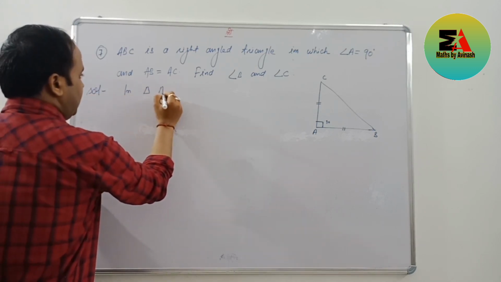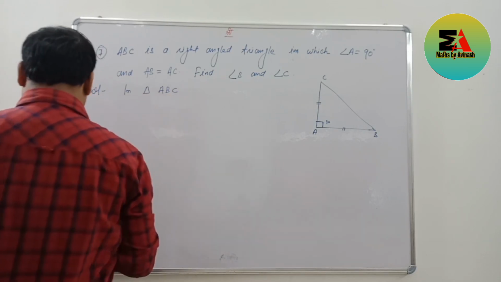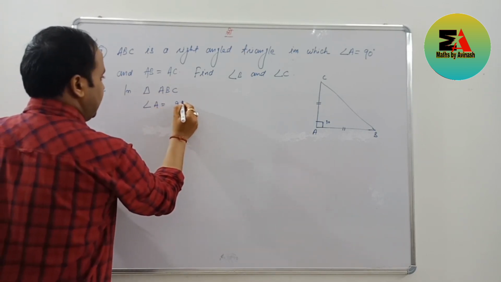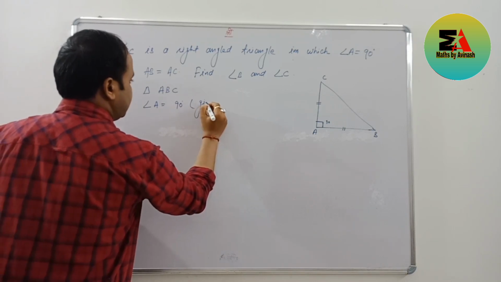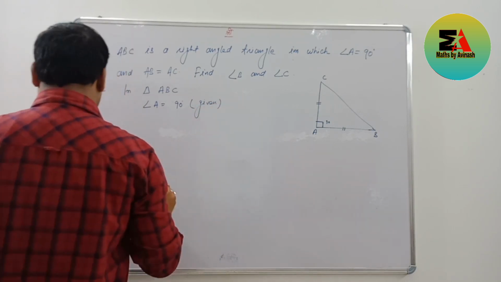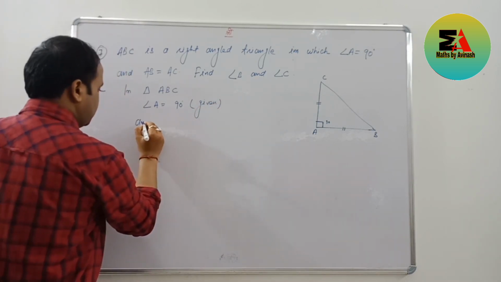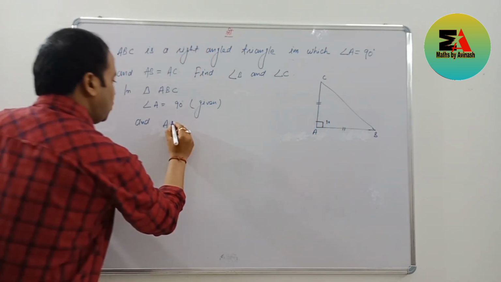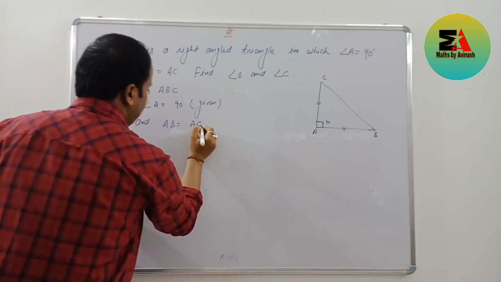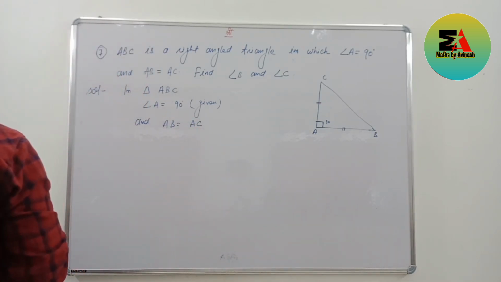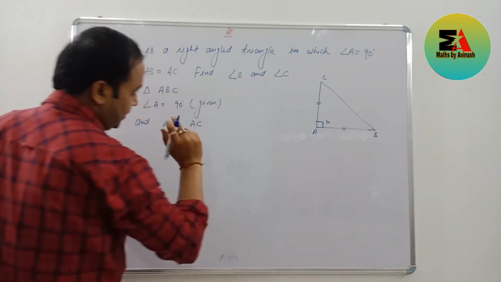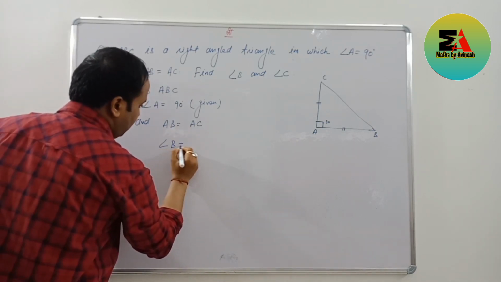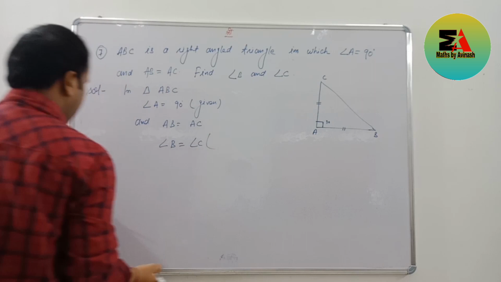In triangle ABC, angle A is 90 degrees. This is given. And AB equals AC. This is already given. When AB equals AC, then we know that angle B equals angle C. Why?